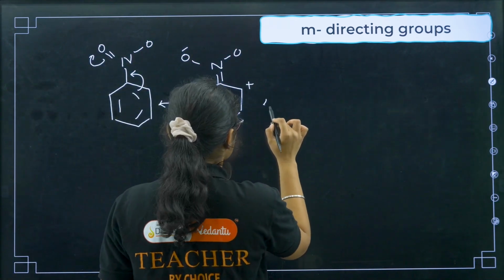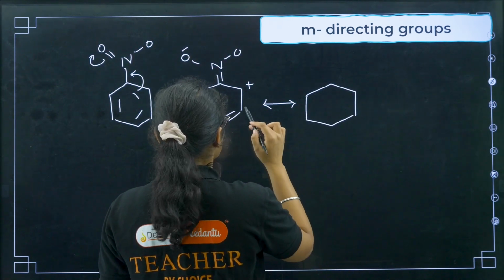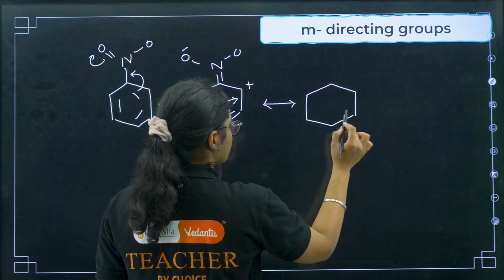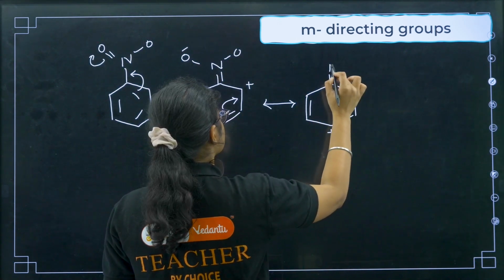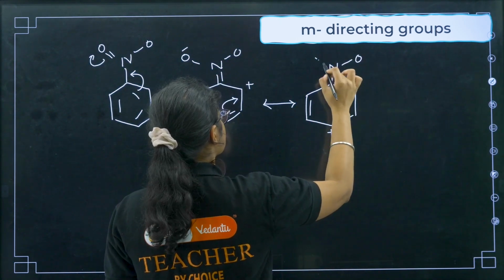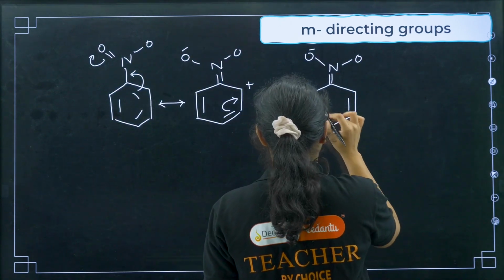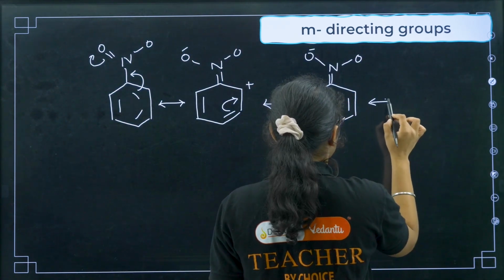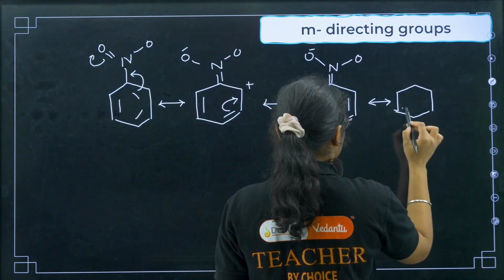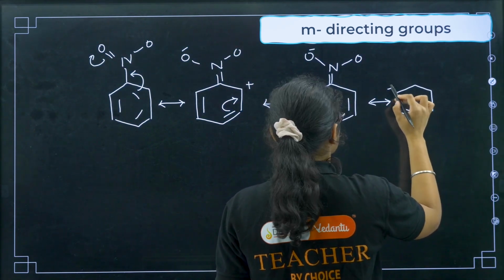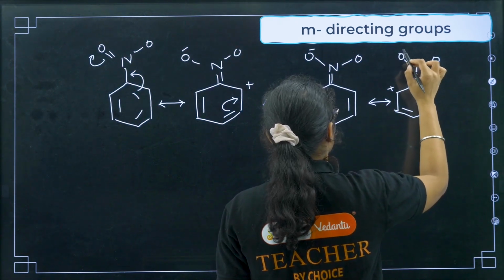Okay. Next, you will see one more structure. This bond can shift here, so we will get positive charge here. Next, this one will come here, positive charge will come here, and we will get this one, positive charge here, and then NO minus.